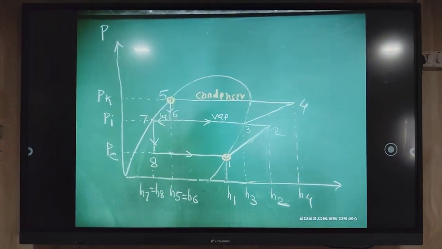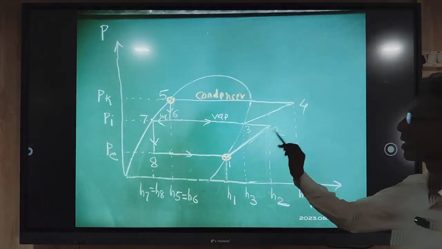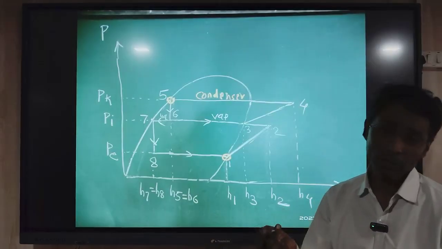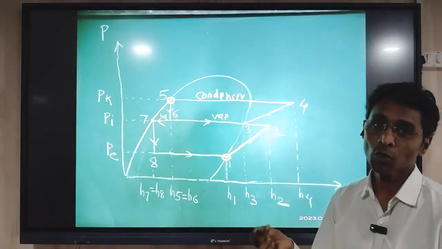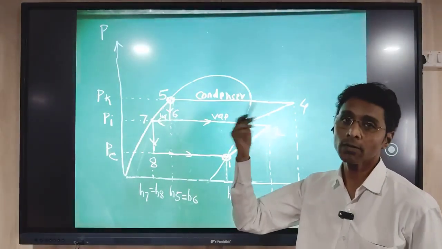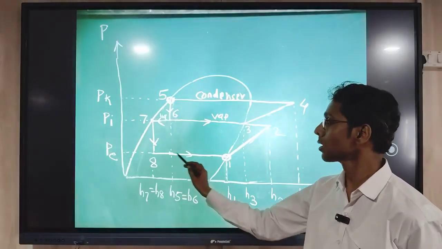Now let us do the analysis of the complete two-stage compression system. In the analysis, first of all we calculate the mass flow rate. So what is the formula for the mass flow rate? Cooling load capacity, which will be given in the numerical, Q dot L. Q dot L will be equal to what?